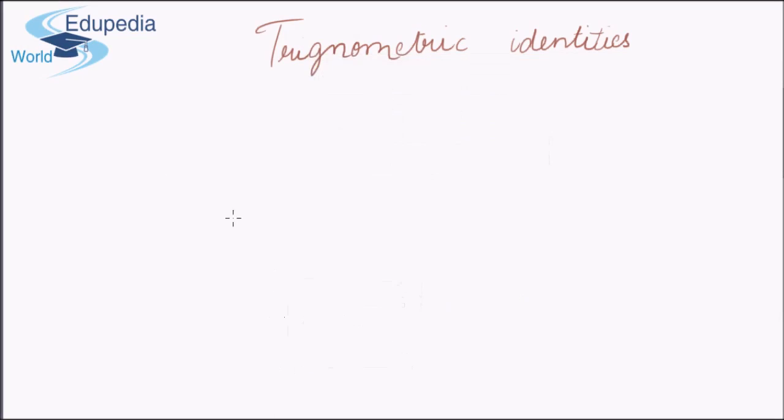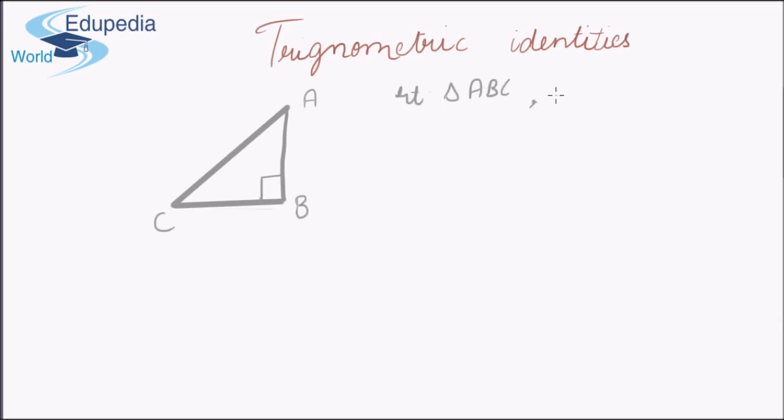So let us start by first having a triangle. Say we have a triangle ABC right angled at B, that is a right triangle ABC right angled at B. Then Pythagoras theorem will be applicable.